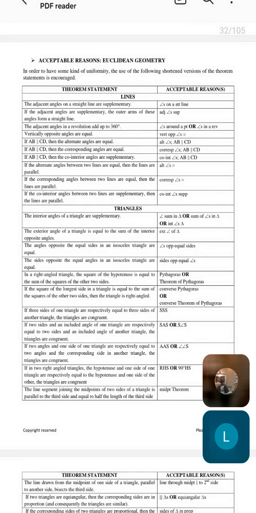For the alternate angles, they use alt angles, and then you state the lines that are parallel. Remember, it's not always going to be AB parallel to CD. Sometimes you'll see different lines, maybe ZM and PT, maybe NM and LF. You always consider the lines that are in the given diagram, and then write those parallel lines, not always AB parallel to CD, even if AB and CD are not there.